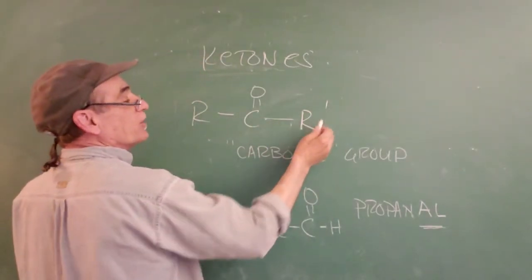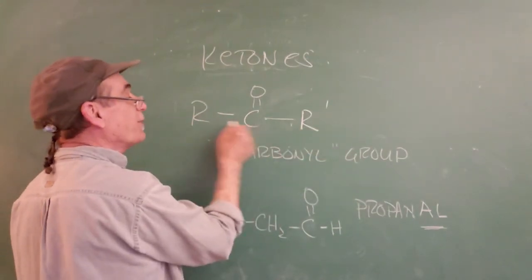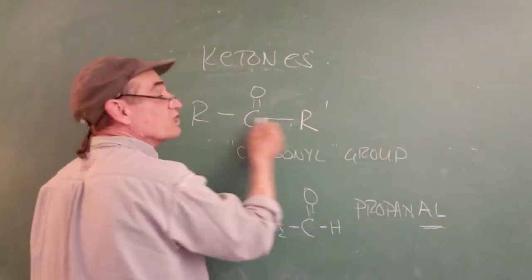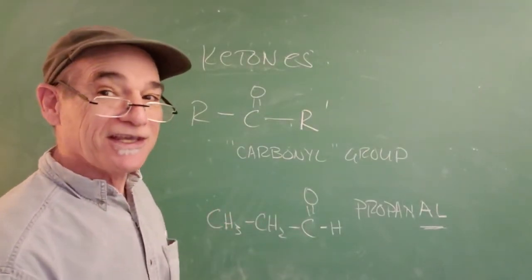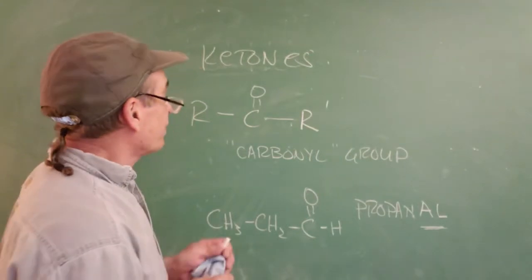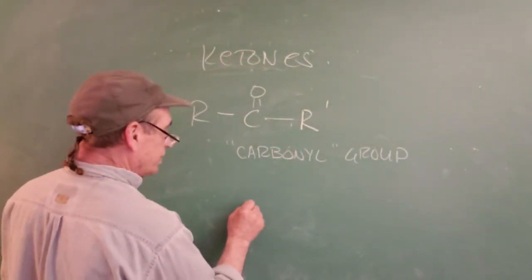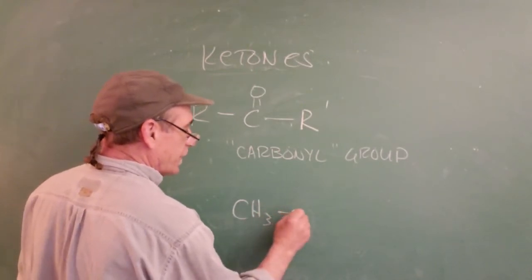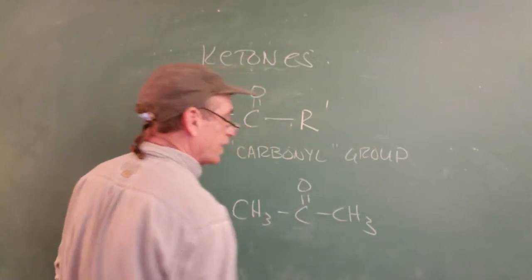Now, I put a prime there because the number of carbons doesn't have to be symmetric. It just has to be buried somewhere inside the chain and not on the end carbons to classify as a ketone. All right, so in that case, for instance, what if I put a CH3 and a C with a double bond O and then a CH3?